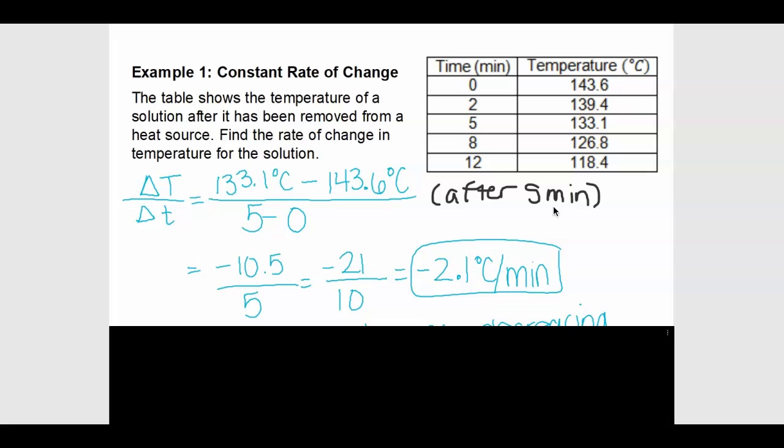If we did it after 5 minutes, we would get negative 2.1 degrees Celsius per minute. Now, if the rate of change is constant, it wouldn't matter what 2 points we picked. So I could pick any 2 points and I would get that negative 2.1 degrees. So if you tried on your own and you had picked another point, you should have gotten those exact same values.